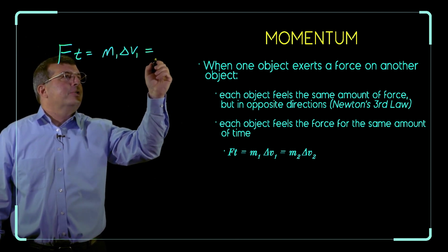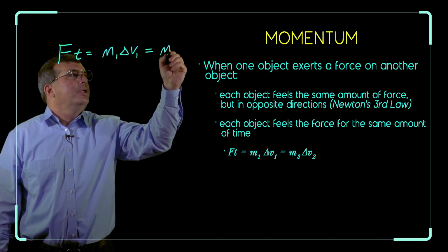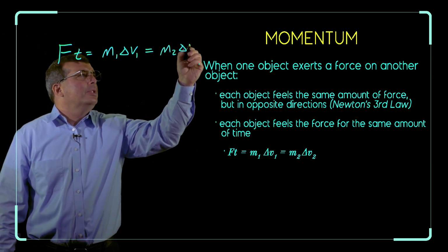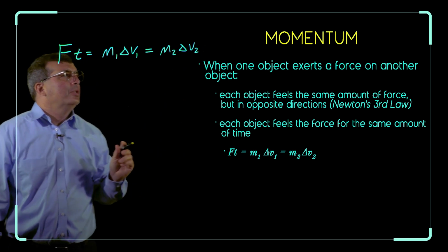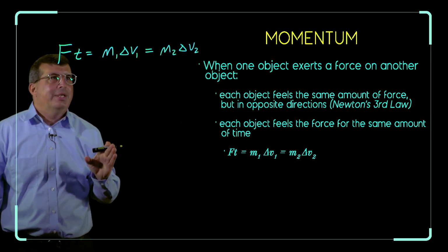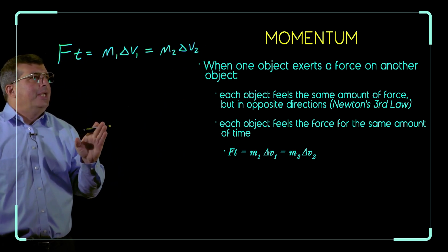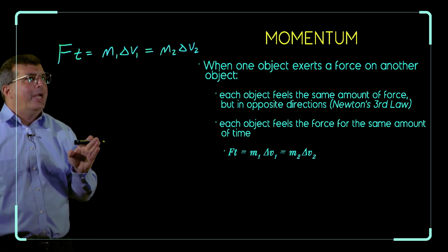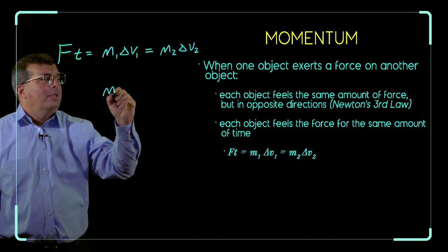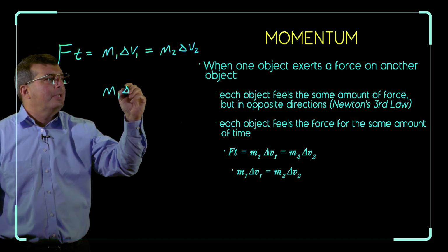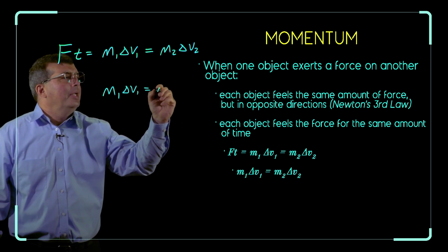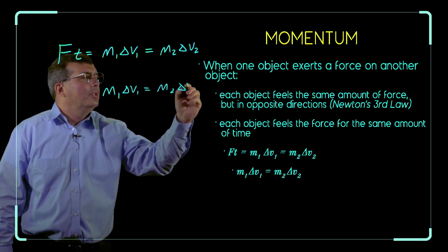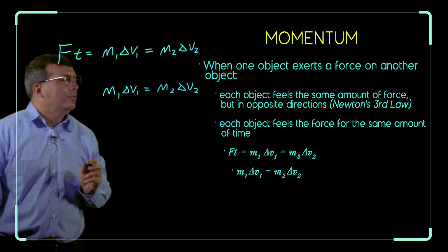So that's also equal to the mass of object 2 times the change in object 2's speed. So whenever two objects interact, mass 1 times the change in speed 1 equals mass 2 times the change in speed 2.